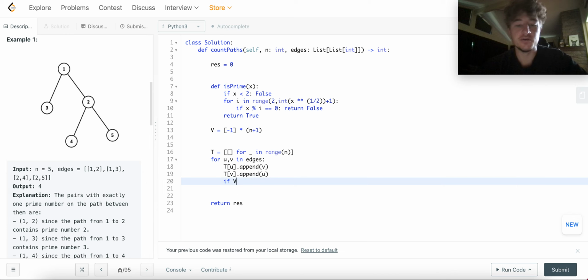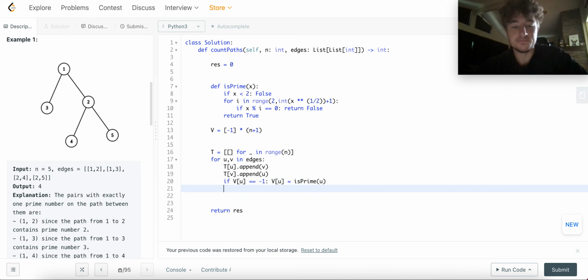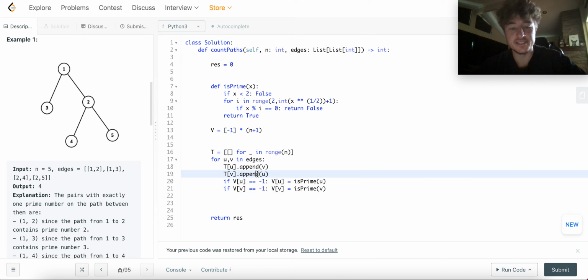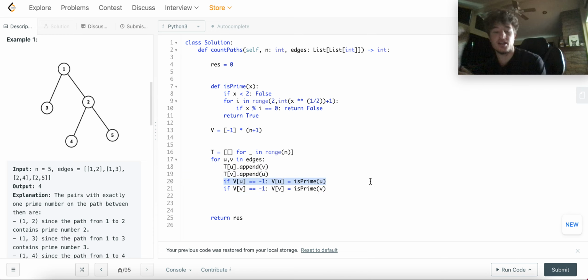So if the value at u equals -1, that means we haven't figured out if it's a prime or not yet. So we say the value of u equals is prime u. And then we do the same thing for v. All right, so that's going to create our adjacency list, and it's going to tell us if everything's a prime or not a prime.